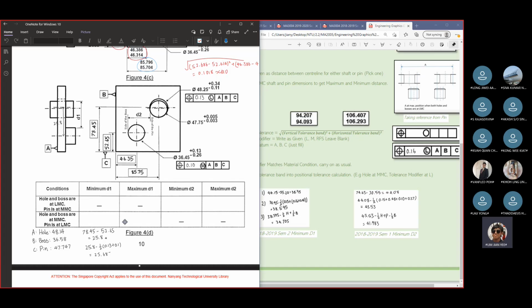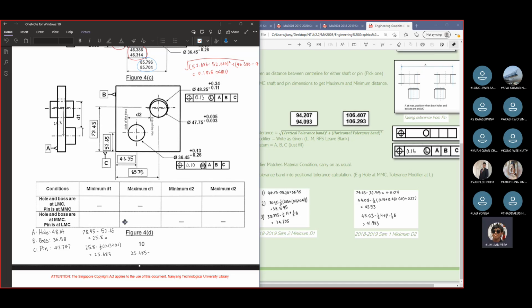Now for the last step. You take the value that you got, 25.685. How will you shift this 25.8 into D1?